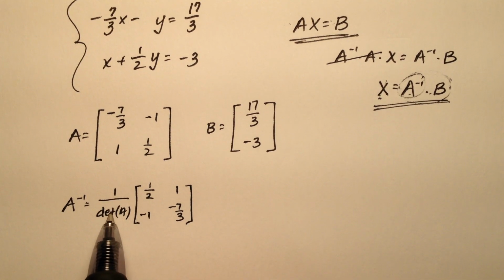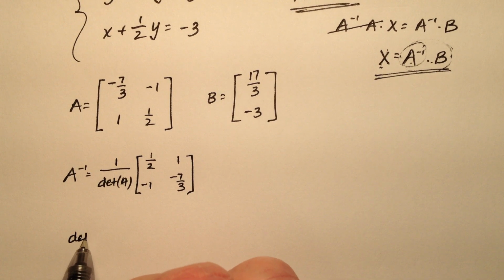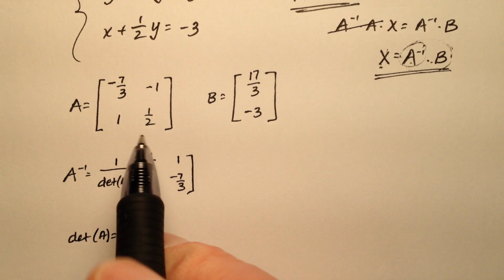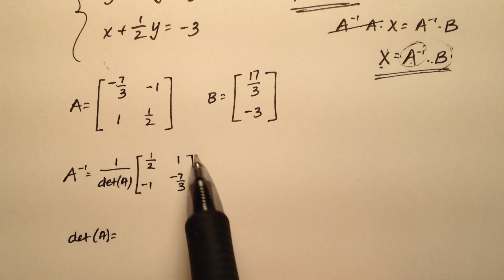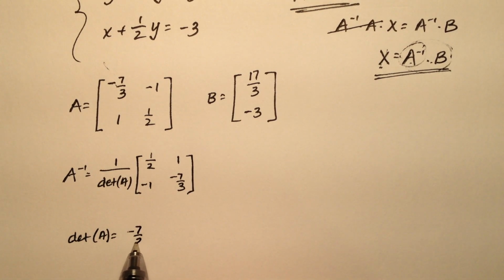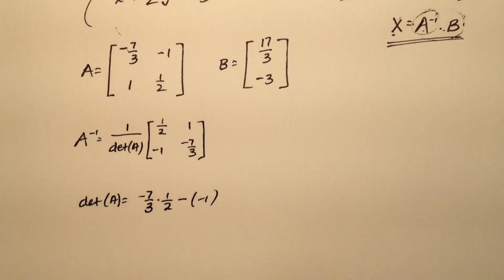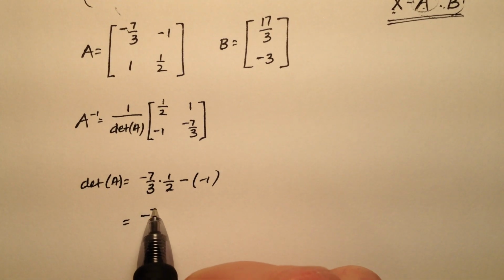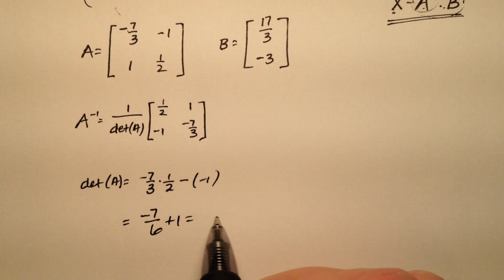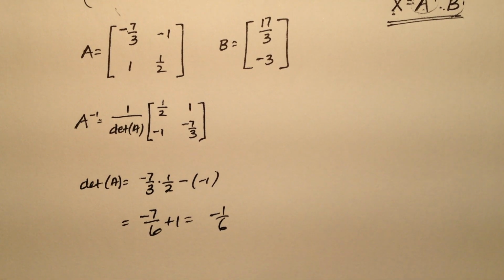Okay, so let's go ahead and find this determinant of A. So the determinant of A is going to be the multiplication here, so negative 7/3 times 1/2 minus 1 times negative 1. So it ends up being negative 7/6 plus 1, which is negative 1/6.